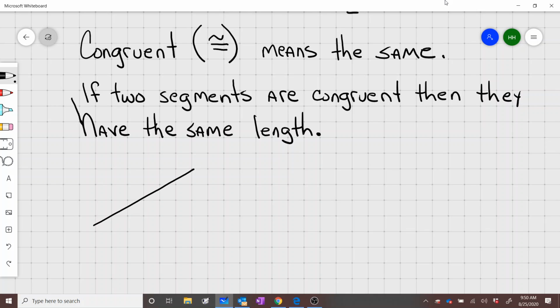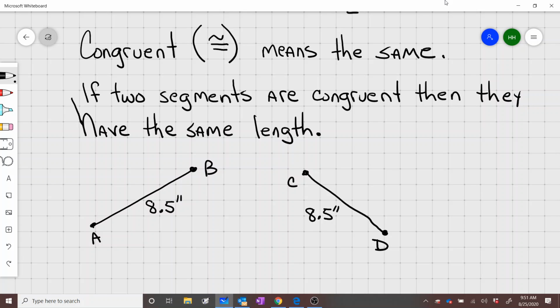If here's a segment, AB. Is segment AB congruent to segment CD? Yes.